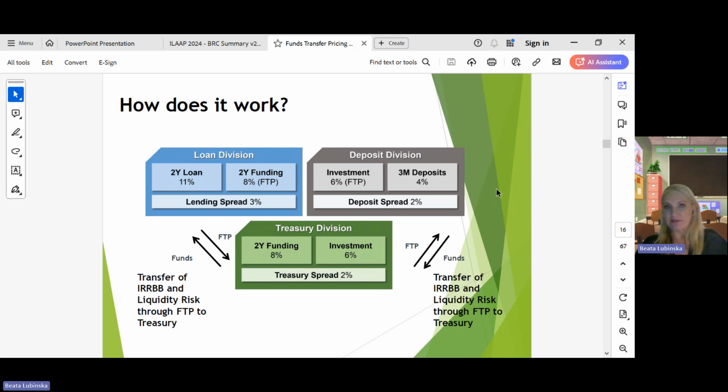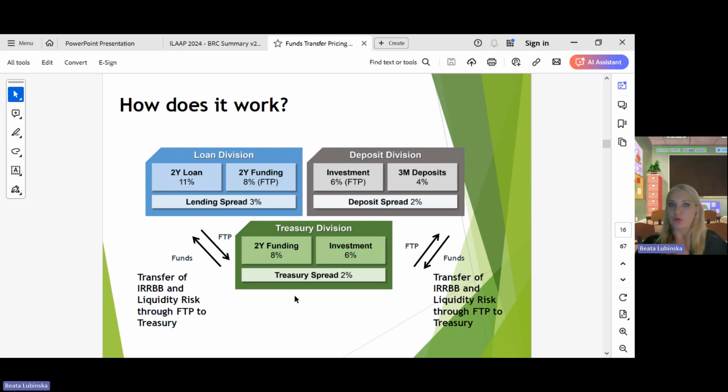So we have a spread at the deposit level of 2%. And this is fixed for 3 months. This is profit which is fixed because there is no mismatching, there is no risk. And the risk has been transferred from the liability center to the central unit to be managed.